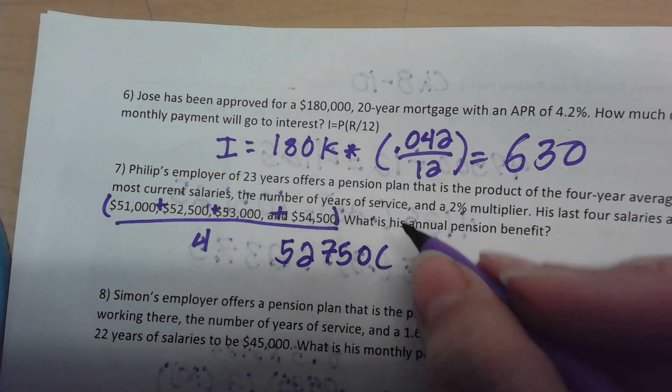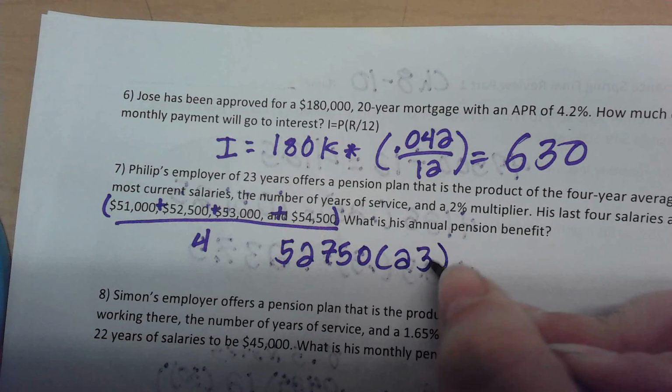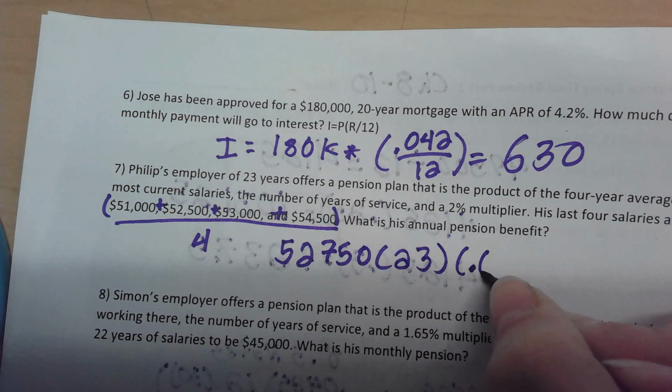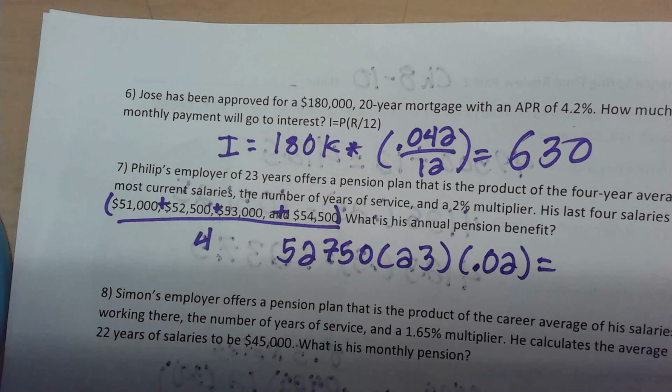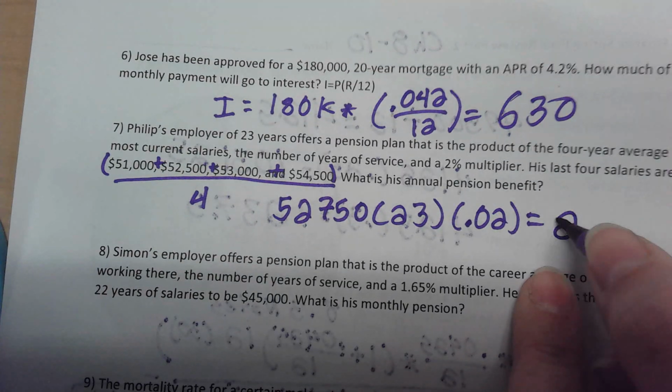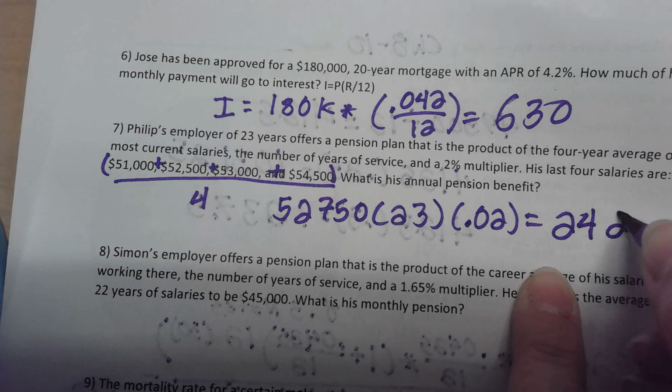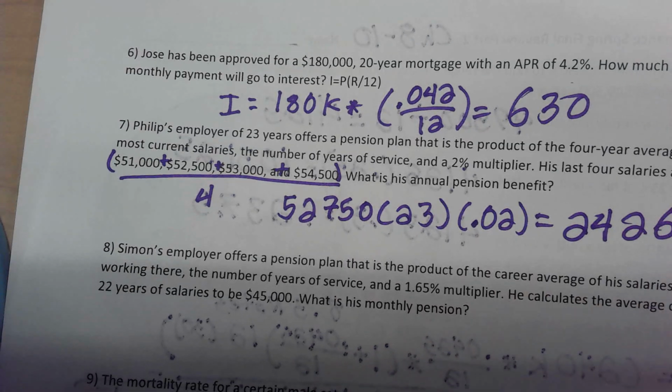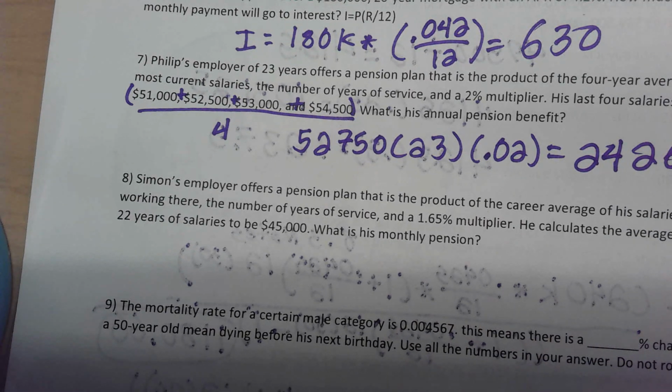Okay, so he worked there for 23 years, times the percent multiplier of 2% as a decimal. Okay, so his annual pension would be 24,265. Okay. So we're doing the same thing, a pension plan that captures career average.